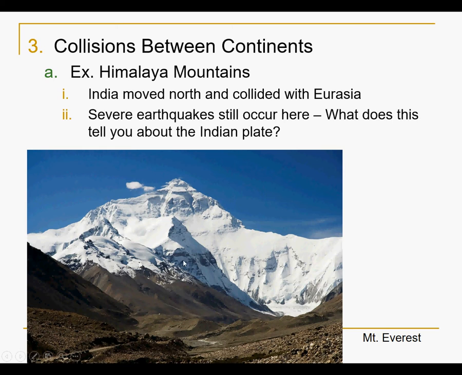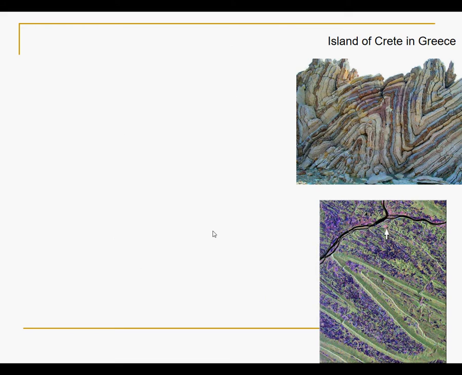And so we see this really quick uplift, and so lots of earthquakes, lots of vertical uplift. That's why someone who climbs Mount Everest today will have climbed the highest, whereas yesterday they were at the highest. It's just always going up.